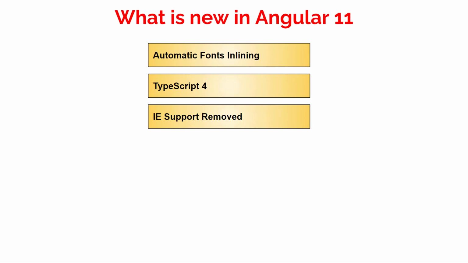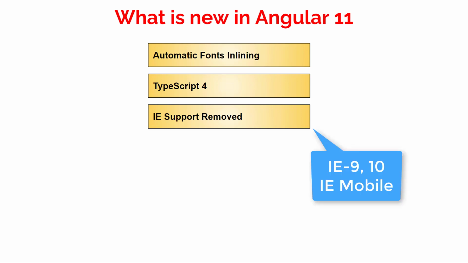Although they have improved a lot in the last few years, since there were some problems with the previous versions of IE, the Angular team has decided to remove the support for IE 9, 10 and mobile version from Angular 11. This was already announced in the Angular 10 update. So now IE 11 is the only version of Internet Explorer that is supported by Angular.